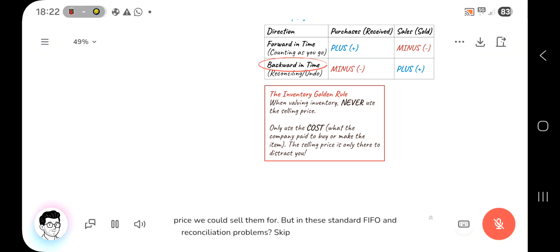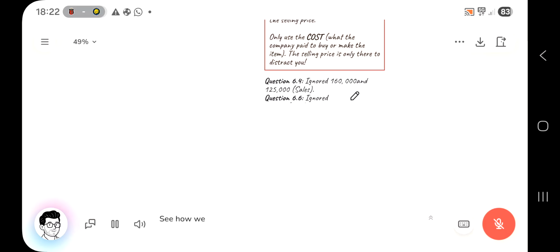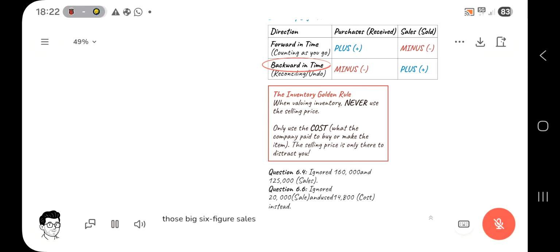But in these standard FIFO and reconciliation problems, skip the sales price every time. See how we did that in both problems? In 6.4, we ignored those big six-figure sales numbers.